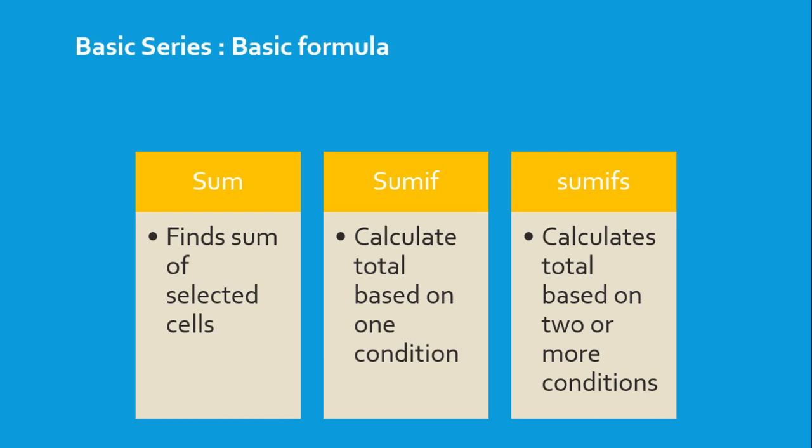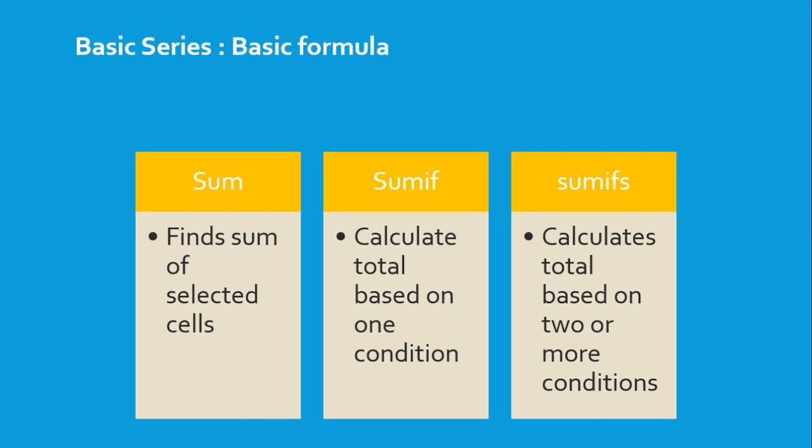Among the transactions, if you want to find the total value of one particular product or one particular student, you can easily identify that particular product's total value or the particular person's total work done. So next one is sumifs.